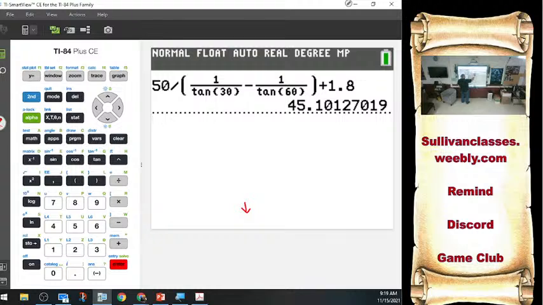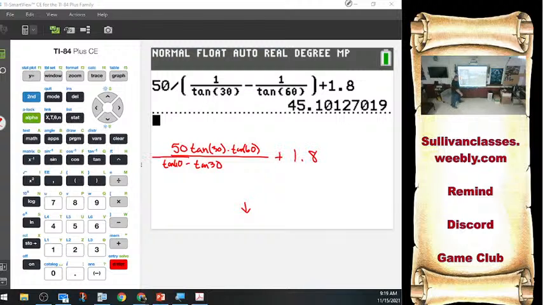Now, if you had gotten common denominators, dividing by fractions, easy as pie, flip, second, multiply, all that kind of stuff, if you had said 50 tangent of 30 times tangent of 60 all over tangent of 60 minus tangent of 30 plus 1.8. Well, 1.8 is 1 and 4/5, so 9/5.